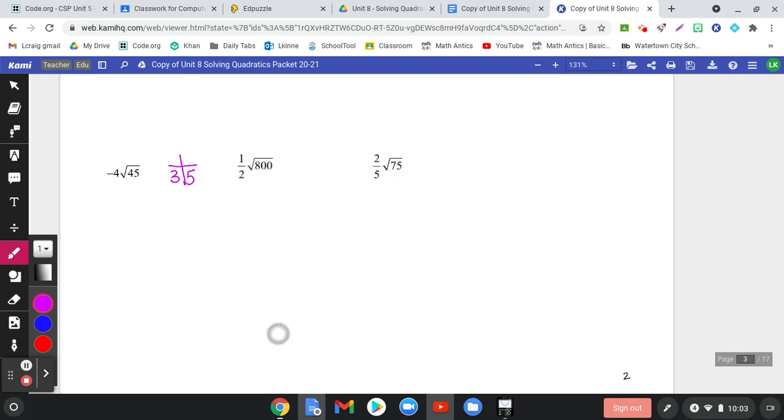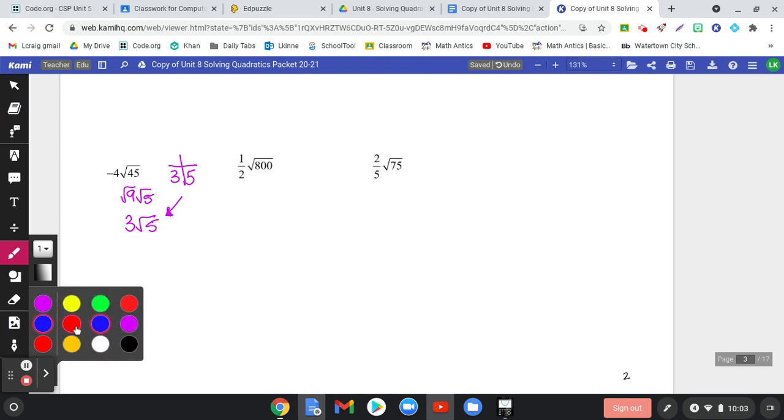So I know it's going to be 3 radical 5 because 45 is 9 times 5. Square root of 9 is 3 radical 5. So whether you do it by hand or the other way. But now, if there's something out front, make sure it gets multiplied. Negative 4 times 3 is negative 12 radical 5.